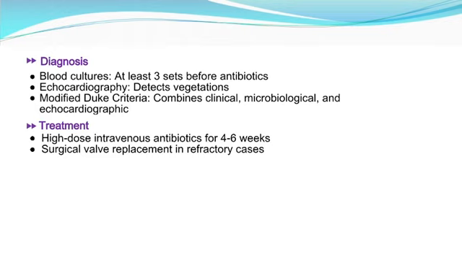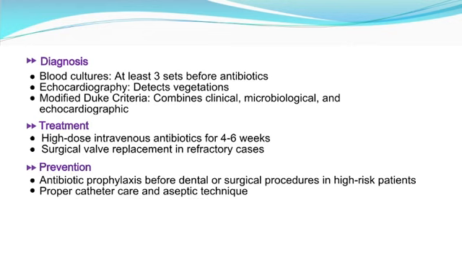Sometimes, if the infection is not controlled or the valve is destroyed, surgical valve replacement is needed. Prevention: high-risk patients, especially those with prosthetic valves or previous endocarditis, must receive antibiotic prophylaxis before dental or surgical procedures.